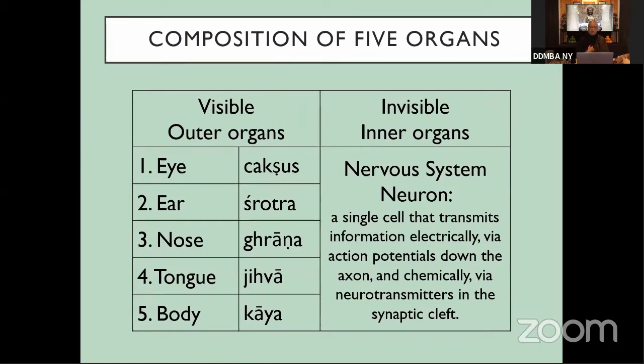From current science, we know that we have a nervous system and neuron cells. I just copied the definition: a single neuron cell can transmit information electrically by potentials and chemically by neurotransmitters.